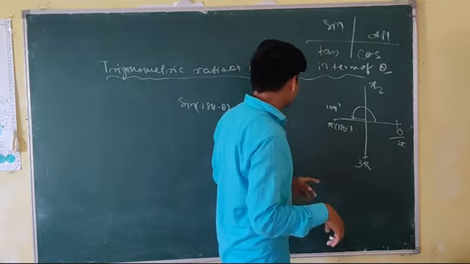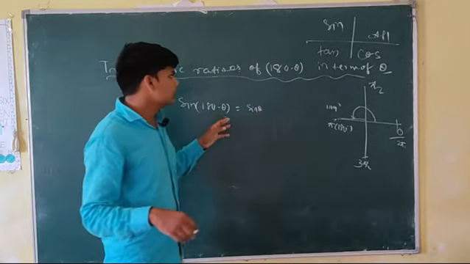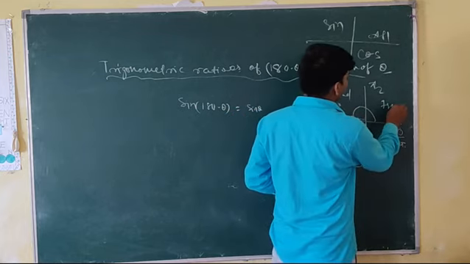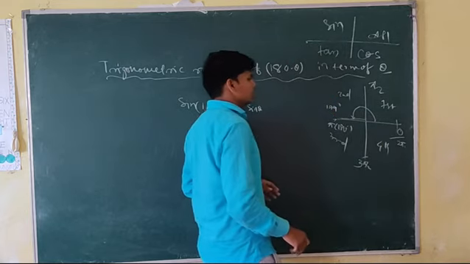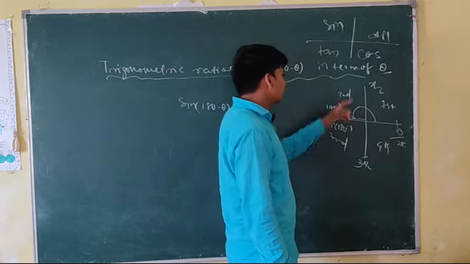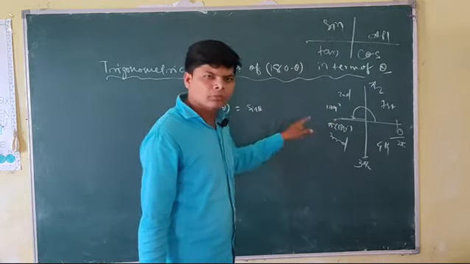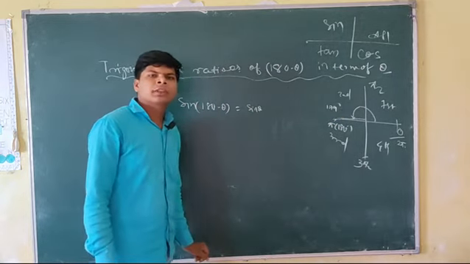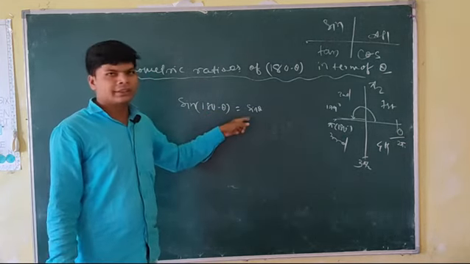Why did this happen, that sin(180 - theta) is sin theta? See, this is the second quadrant, this is the first quadrant, this is the third quadrant, and this is the fourth quadrant. We all know this. The second quadrant refers to what? Pi by 2 to pi, 90 degrees to 180 degrees. In between that, the value of sin theta is positive, and that is why sin(180 - theta) is sin theta.